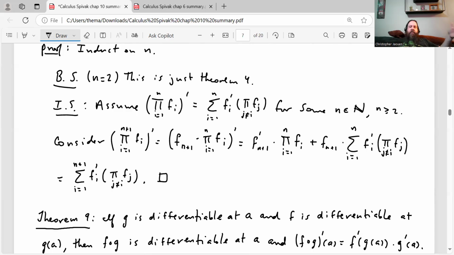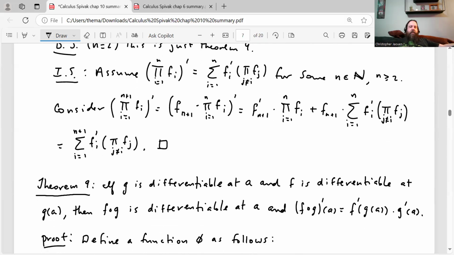By using the product rule and the inductive hypothesis, we get f prime sub n plus 1 times the product of the f sub i's, where i goes from 1 to n, plus f sub n plus 1 times the derivative of the product, which is given by that summation. That's the inductive hypothesis. But if you notice, when you simplify everything there, you get the formula for n plus 1. So that works by induction.